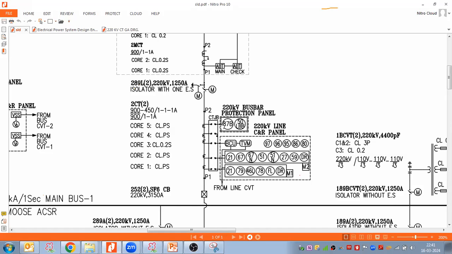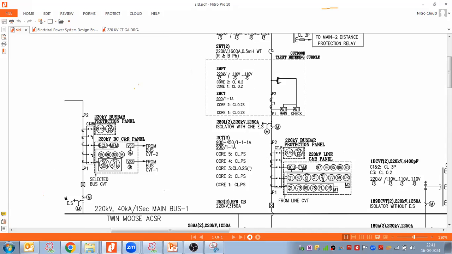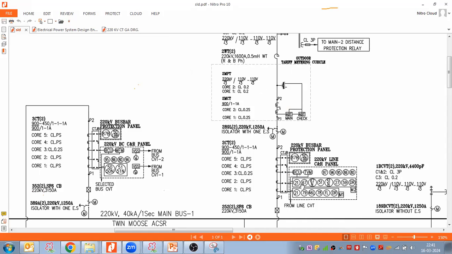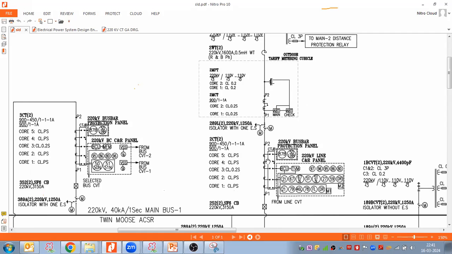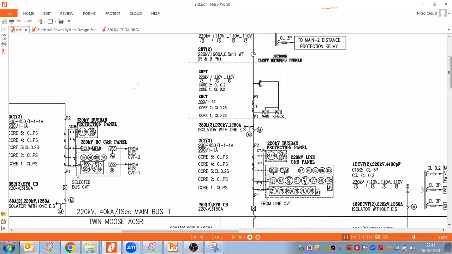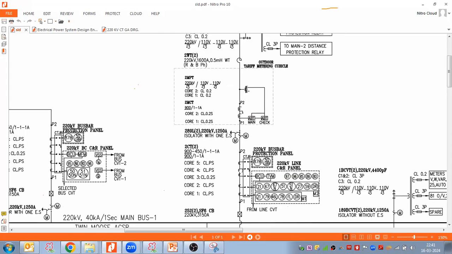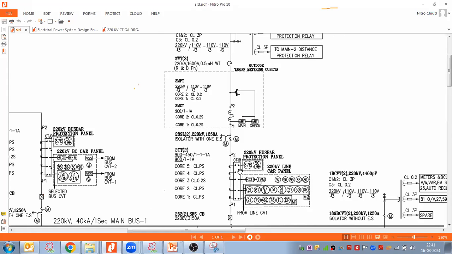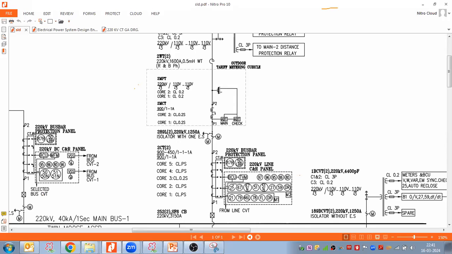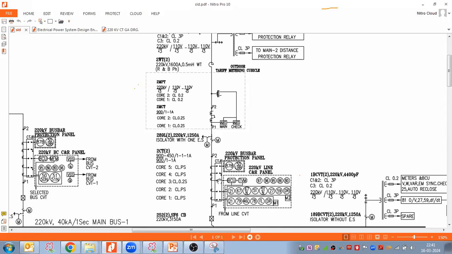All this we have discussed for the protection CT. So now I can say that I have touched most of the points for the protection CT, right? Not from the designing point of view, but to some extent from the site point of view as well.